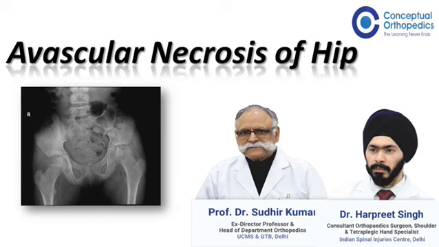And of course, there are certain other negative history that you should ask for: has there been any history of trauma preceding this pain, and has there been any prolonged history of fever or constitutional symptoms like loss of weight, night pains, or contact with a tubercular patient, or involvement of any other joint, or stiffness in multiple joints. These should also be taken into consideration while eliciting the history in these patients.